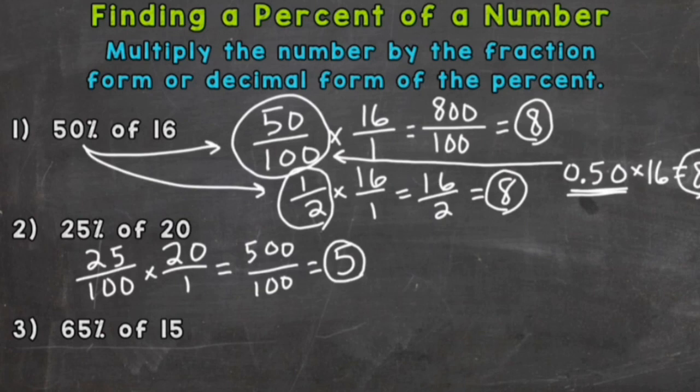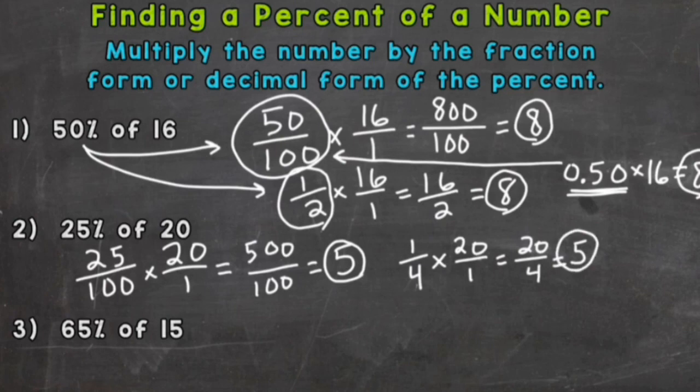Now, if we use the other method of fraction, 25%, if you recall, or 25 over 100 is 1 over 4. So that means 1 over 4 times 20 over 1. That is 20 over 4. And when we divide this, we get 5 again.